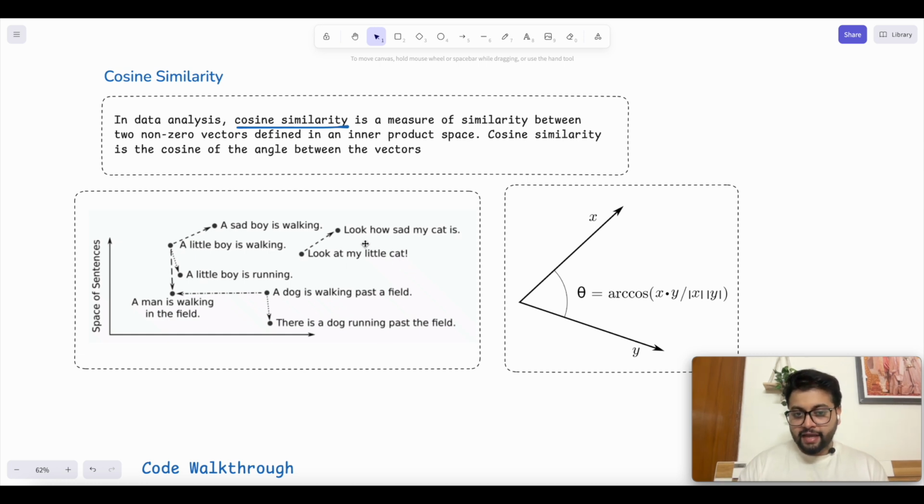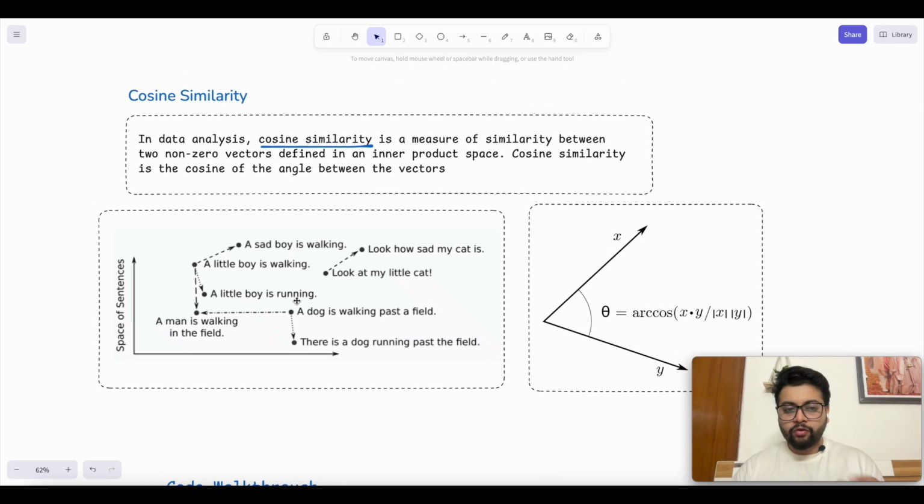Now look at my little cat and look how sad my cat is, clustered together closer in the vector space, right? This shows how effective an embedding model can be if you want to perform semantic analysis for a phrase, a sentence, or a word, right? And that's what we're gonna do.